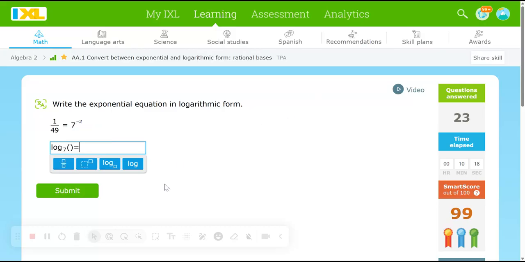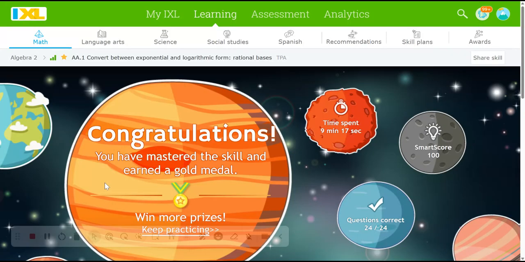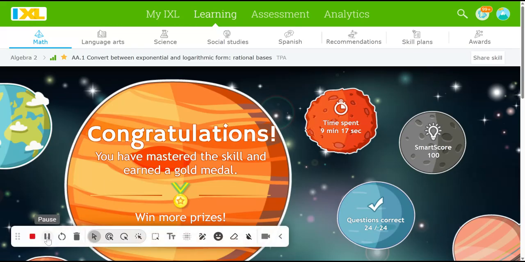The power of your exponential is the answer of your log. So therefore, negative 2 had to be right here. Okay? And then the leftover is 1 over 49. Okay? Voila. That's it. Okay. Perfect.